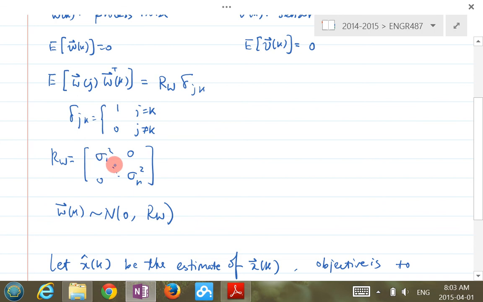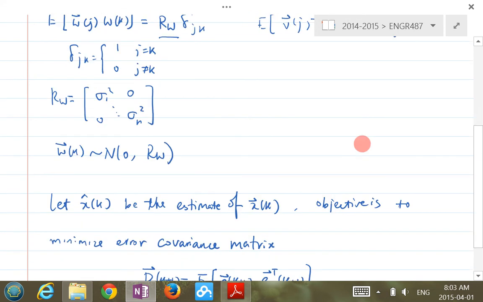And it's the same thing for V. If you just change this W to V, you get exactly the same kind of property. So this is RW and this is RV. These two serve as the variance matrices for the noise.